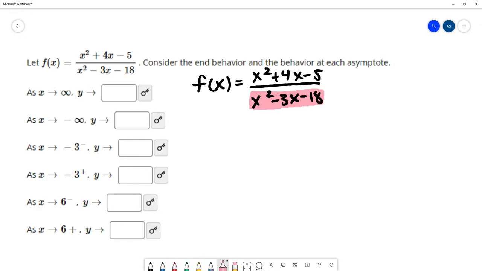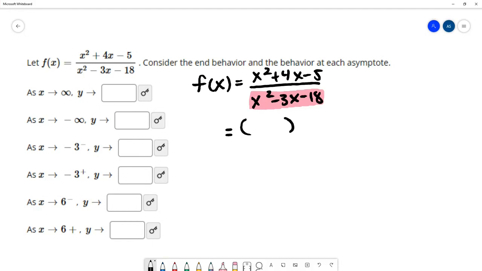We know that division by 0 is not allowed. But at the same time, we need to consider the numerator as well, because if the function has any common factors, then we have a hole in the graph at that restriction rather than a vertical asymptote. So I want to factor both the numerator and denominator to look for those common factors and restrictions.